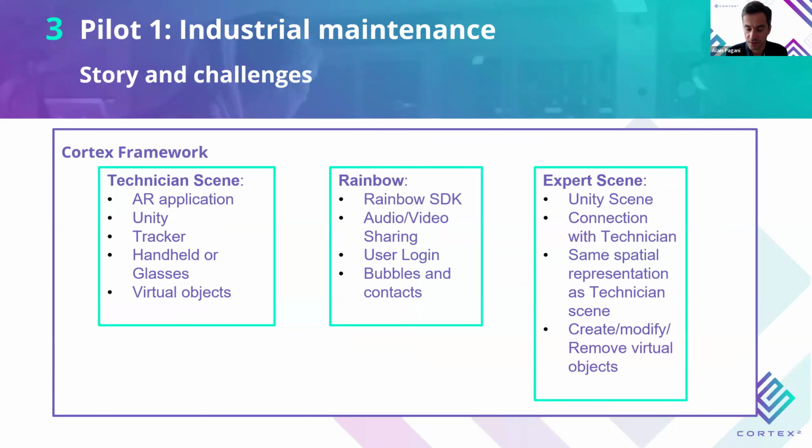Basically, this scenario is split into 3 blocks, maybe more horizontally. This is the user view. On one side, you have the technician. He runs an AR application, implemented using Unity and then deployed on an AR headset.